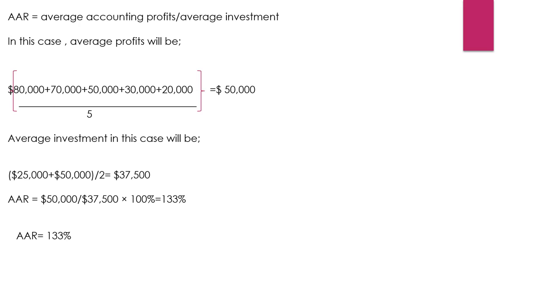Those cash flows are for the 5 years. So after adding all this accounting profit, you divide by 5, and the average accounting profit is $50,000. So what's the average investment?